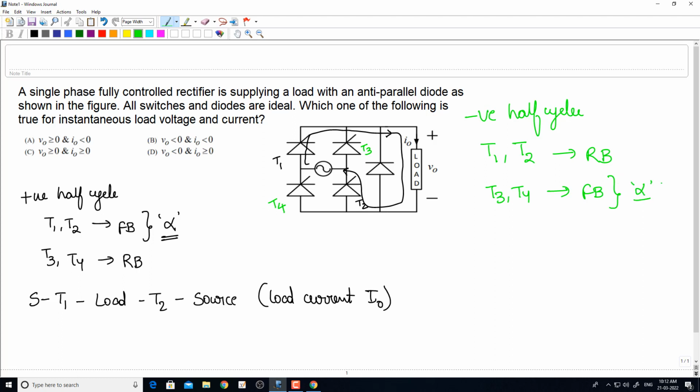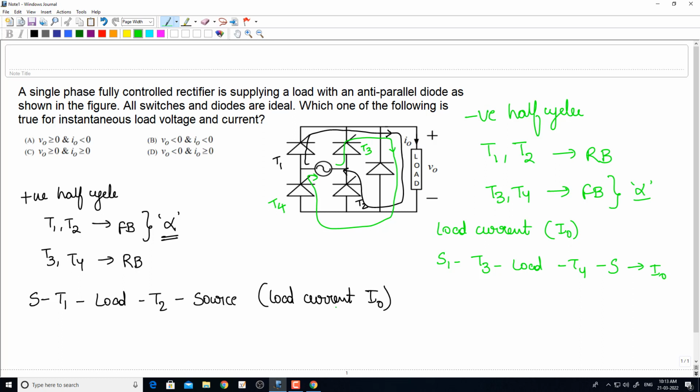So, the load current I0 direction is source, T3, load and T4 and again source. So it will be like this: source, T3, load, T4 and source. So this is the direction of the load current. So I0 is always in the given I0 direction only.